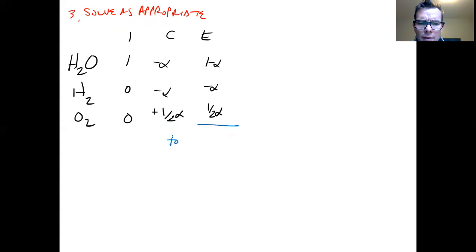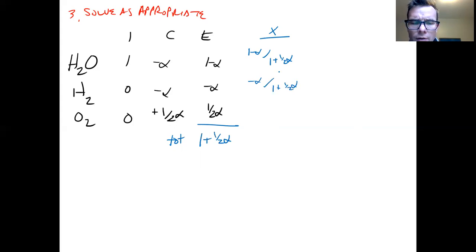If I add up the total amount of material that's present, I'm going to get 1 plus 1/2 alpha. I can then calculate the mole fractions. 1 minus alpha over 1 plus 1/2 alpha, alpha over 1 plus 1/2 alpha, and then this is 1/2 alpha over 1 plus 1/2 alpha.